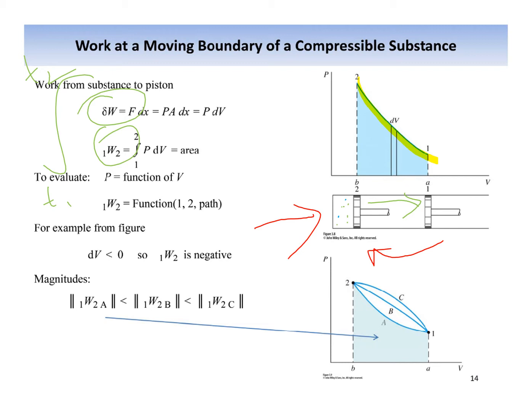But in most cases it is very difficult to find areas under the curve again and again, and to quantify the work. So we introduce a polytropic process.